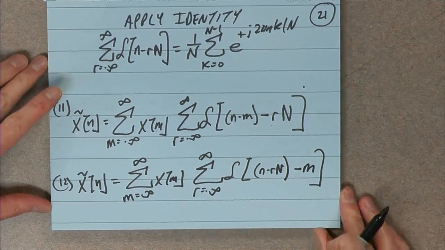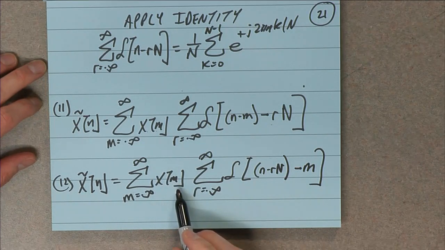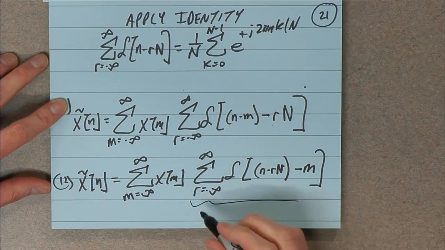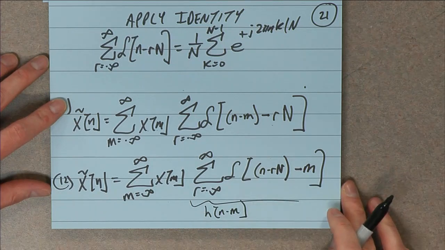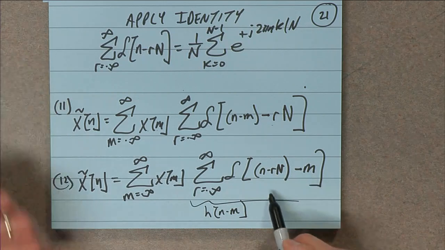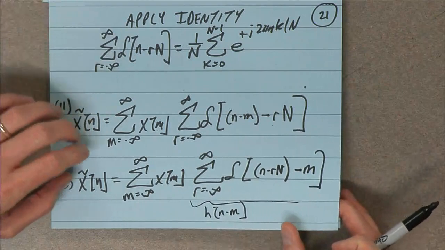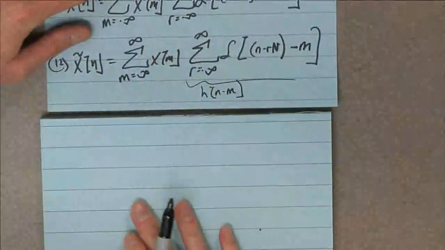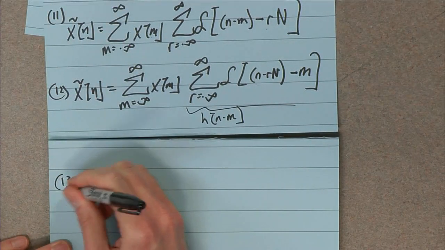So now it might look a little bit more like the summation from negative infinity to infinity of x of m. In the old days, this whole thing would have been h of n minus m, something like that. Well, we have something very similar. It's this minus m. So we can rewrite this and say, you know what, I'm just going to make x of m convolved with that. It makes it even easier to see, I think.